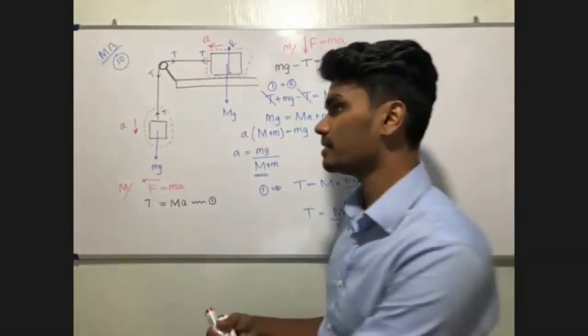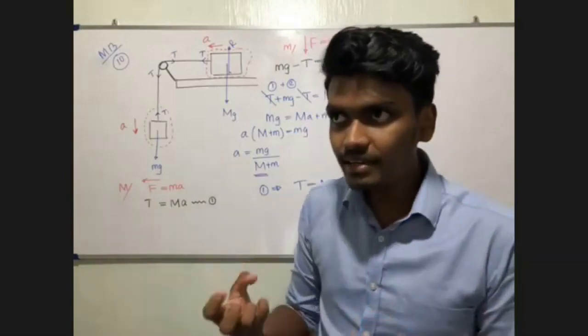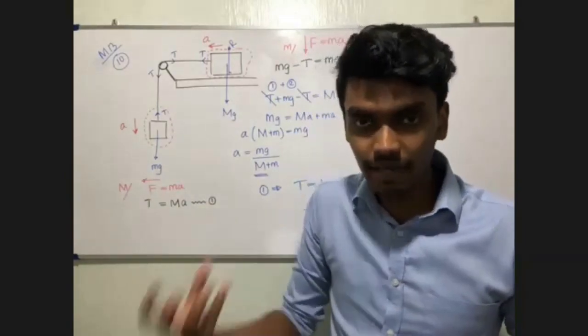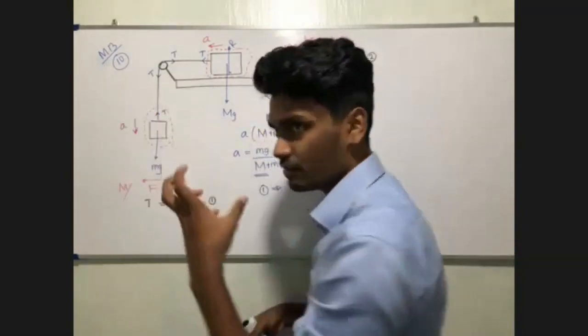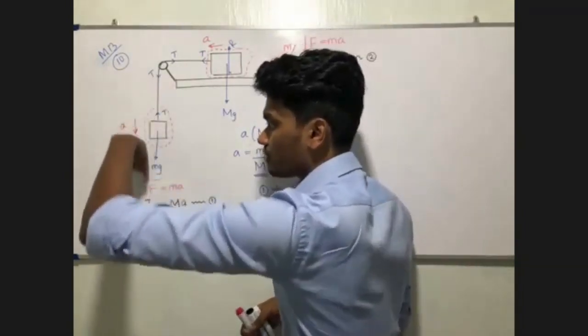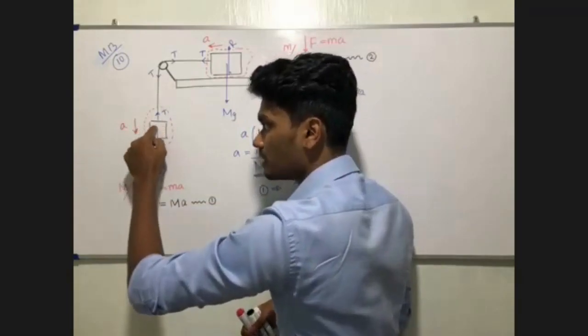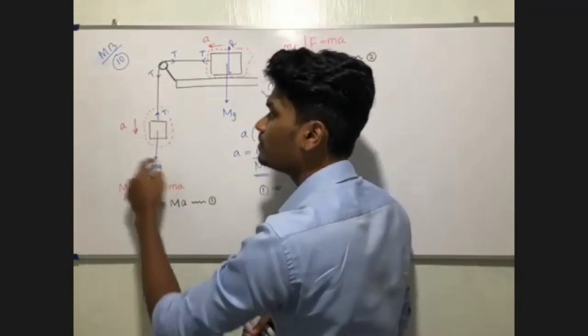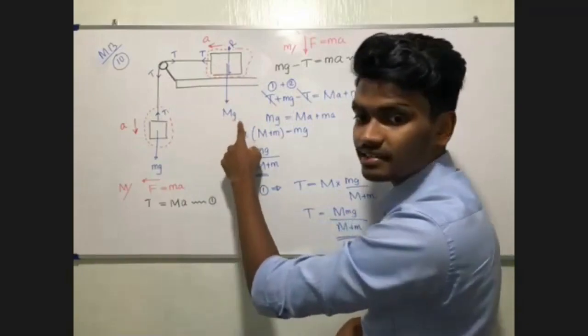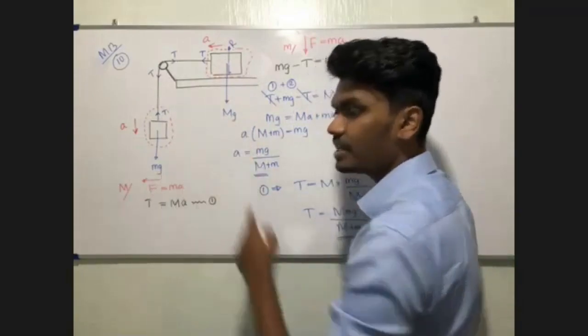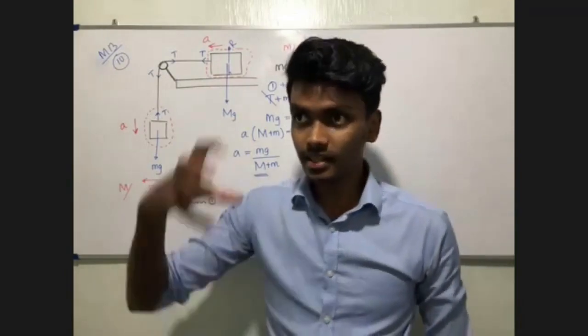Usually, the weight is mg, not simple m. Therefore, we mark the force of the weight as mg: mass into gravitational acceleration.